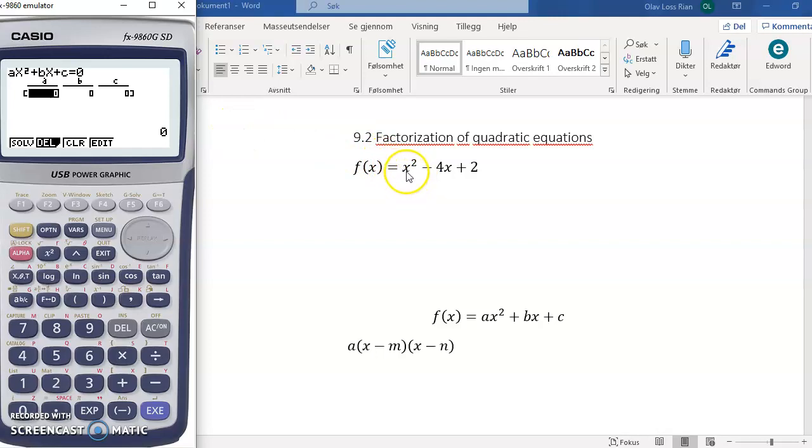The A is the number in front of x squared. And here it's 1. Right? And the B is minus 4. And our C is 2. So basically what we're doing now is we're solving the equation where this equals 0, right?